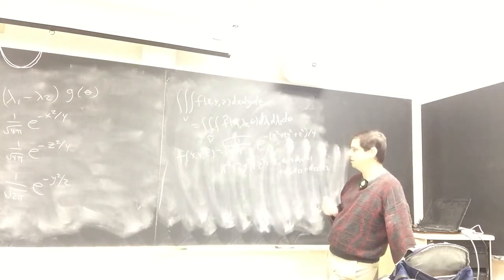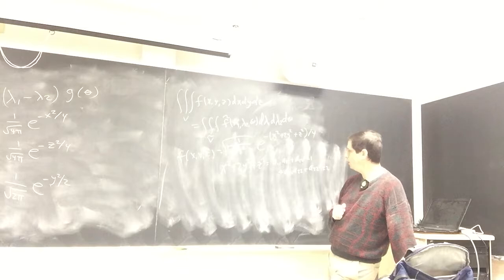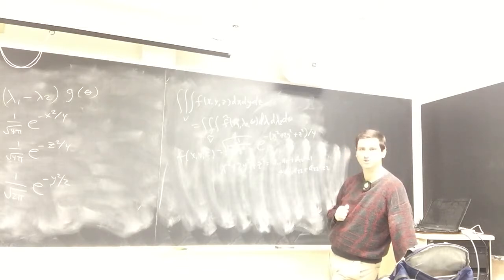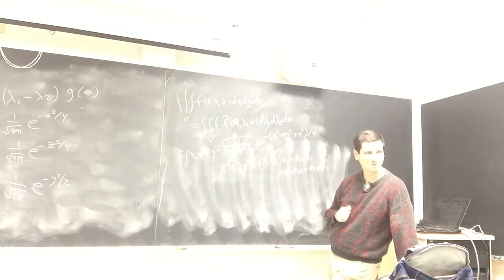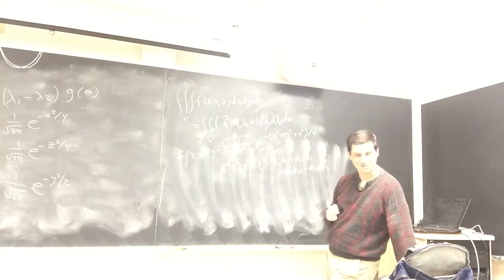Does this look like anything? A11 A11 plus A12 A21 plus A21 A12 plus A22 A22. It is quadratic, but it's a nice function of the matrix. It's the trace.